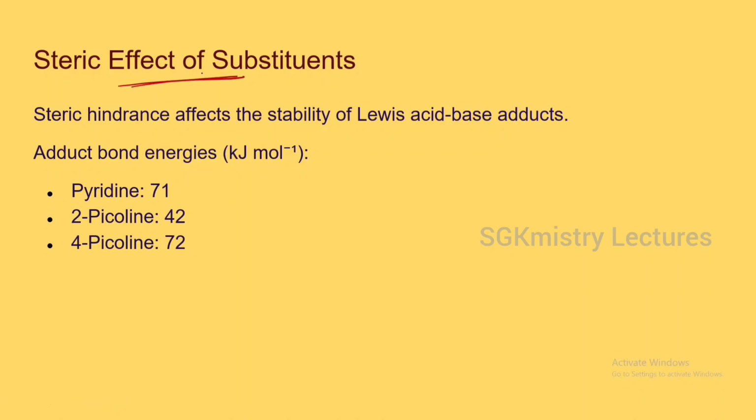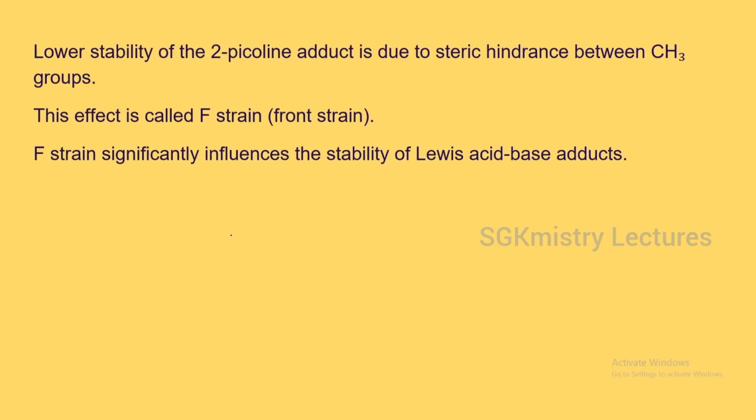The next factor which affects the acid strength is the steric effect of the substituents. Under this, we can classify the acids and bases based on the various strains. Let us look into the various examples: pyridine, 2-picoline as well as 4-picoline. There is something called the F strain or the front strain.